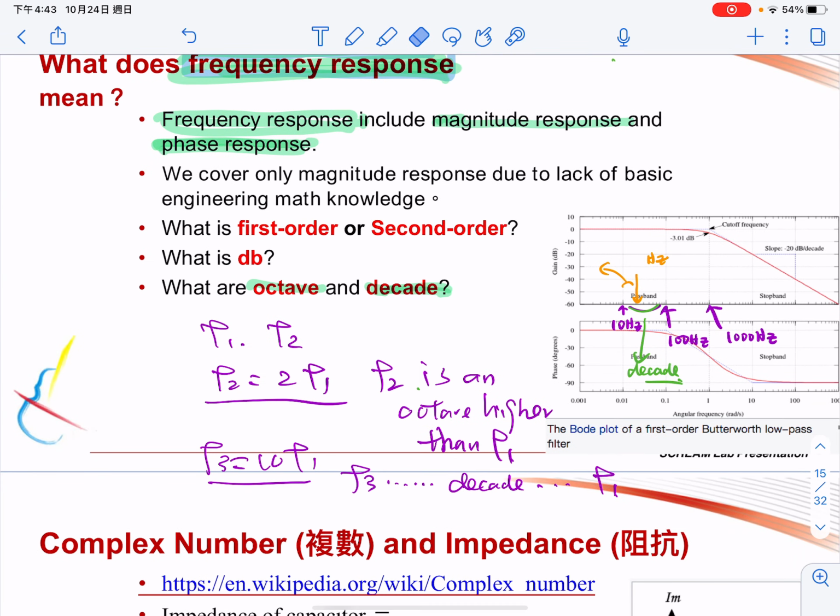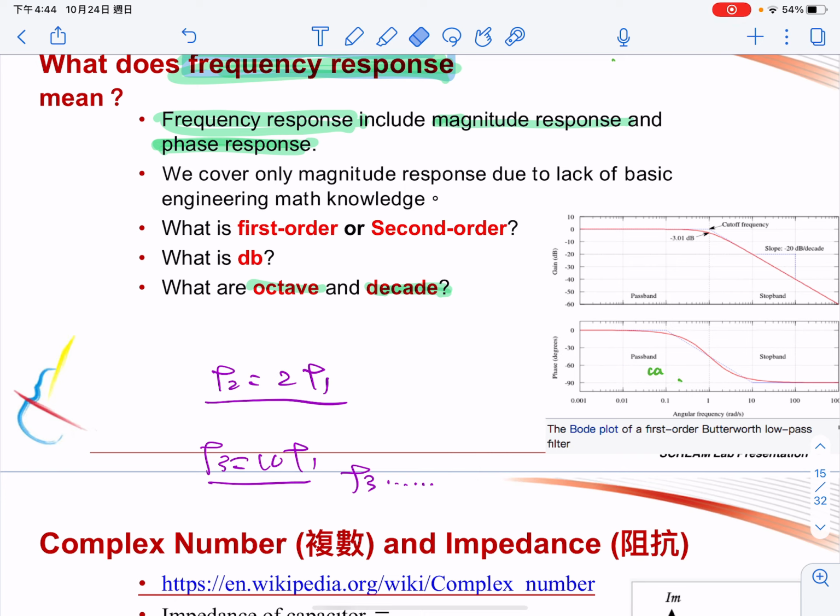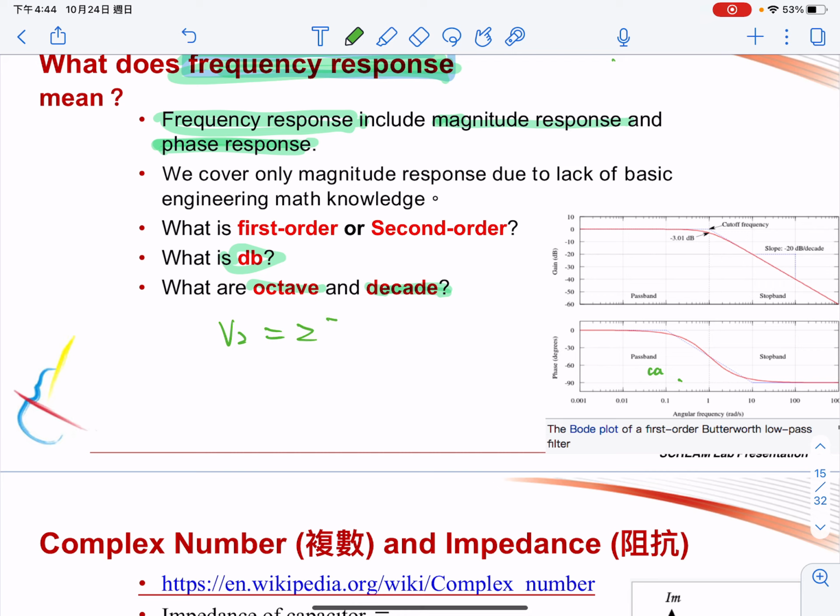Then next, go to the explanation of the dB. For example, let's introduce an op-amp. So for example, V2 is equal to 2 times V1.